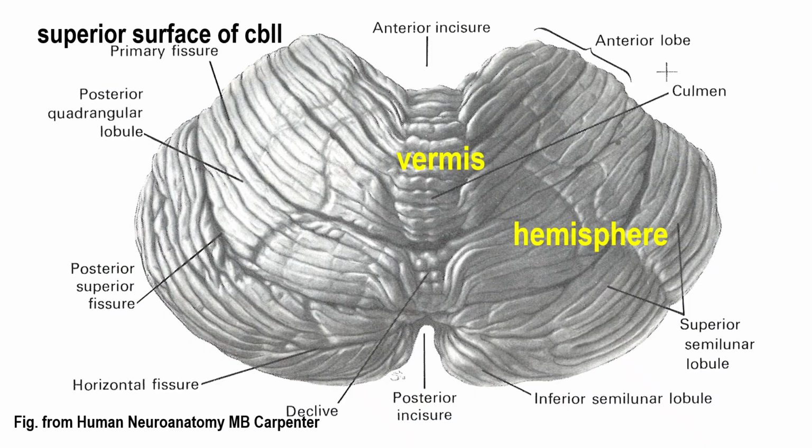The superior surface of the cerebellum is in contact with the tentorium cerebelli, and its surface is relatively flat. It has a midline vermis and two well-developed laterally located hemispheres.